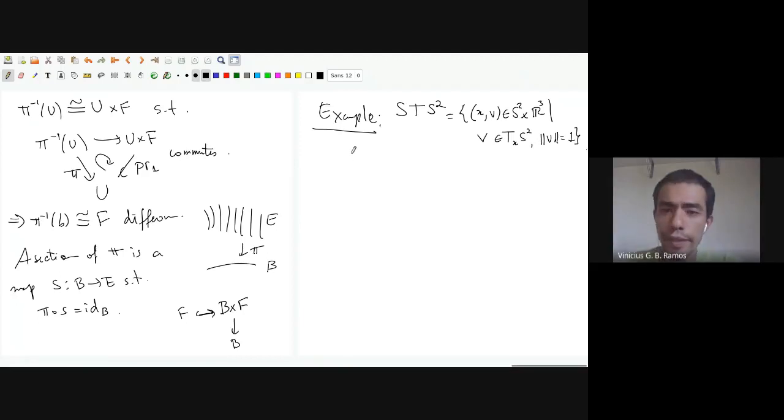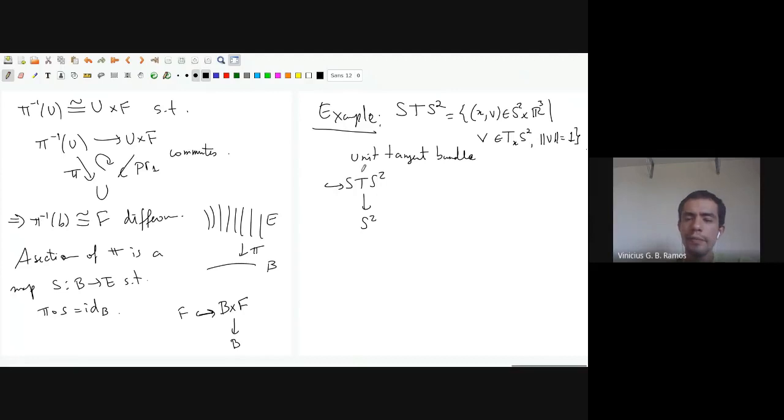Okay, so this is the unit tangent bundle. You can also look at the abstract tangent bundle of S2, choose a Riemannian metric, and look at the vectors that have norm 1. Okay, that's the same thing. And the point is, this is a fiber bundle over S2.